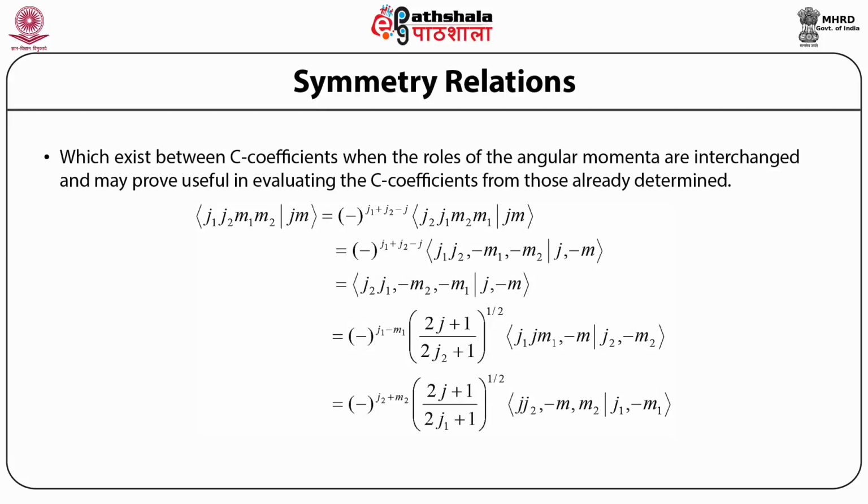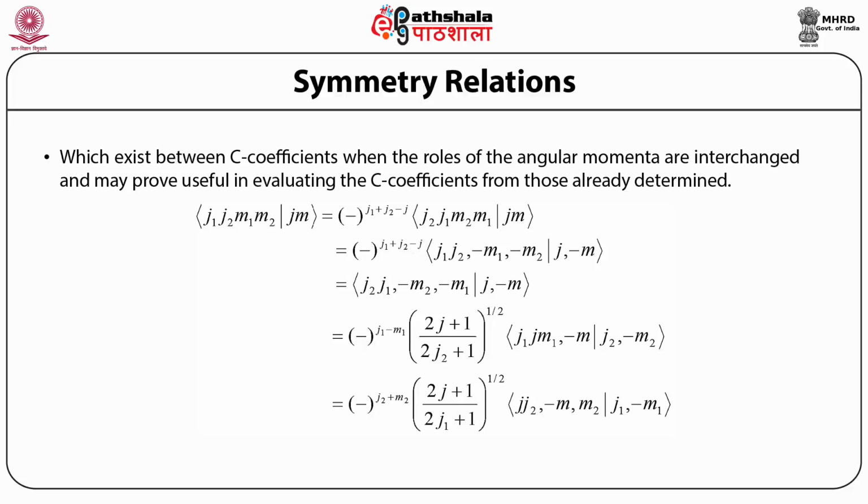So using these number pairs, j1 m1 as one pair, j2 m2 as the other pair, and jm, where m is equal to m1 plus m2, as the third pair, we can have some simple relations between the Clebsch-Gordan coefficients when the roles of the angular momenta are interchanged, which can prove to be very useful in the evaluation of the Clebsch-Gordan coefficients from those that are already determined.